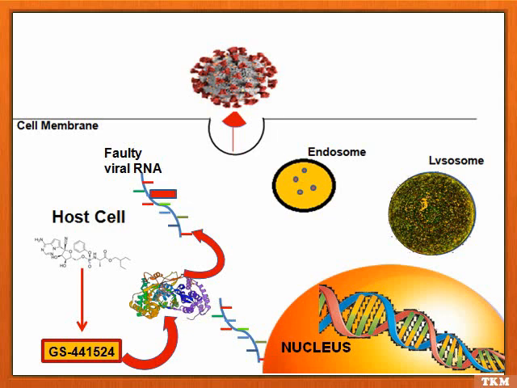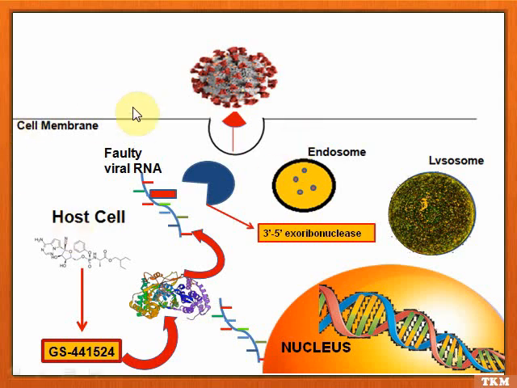So in simple language, there is something called 3' to 5' exoribonuclease. This is also produced from the original viral RNA strand. So that means it is a viral RNA protein.